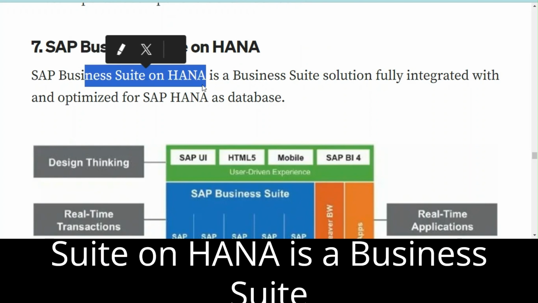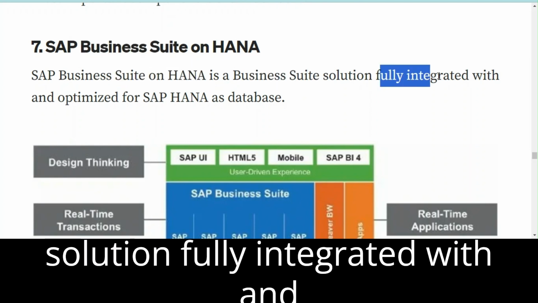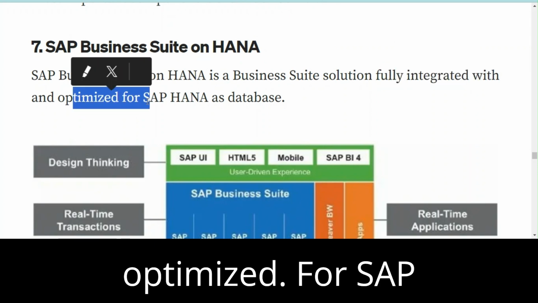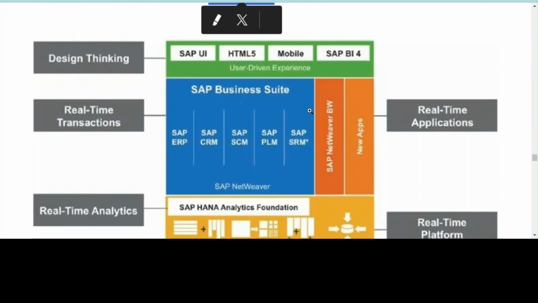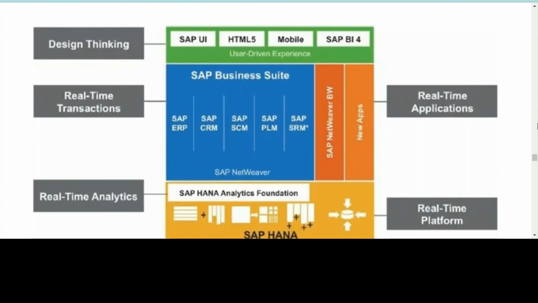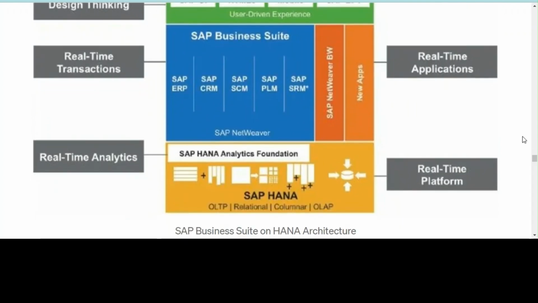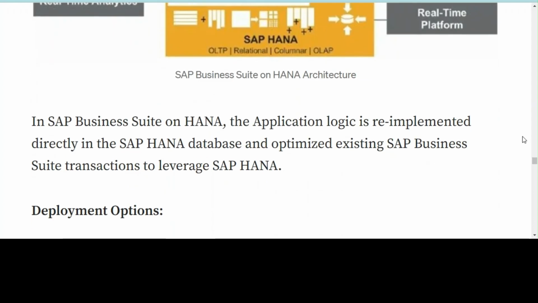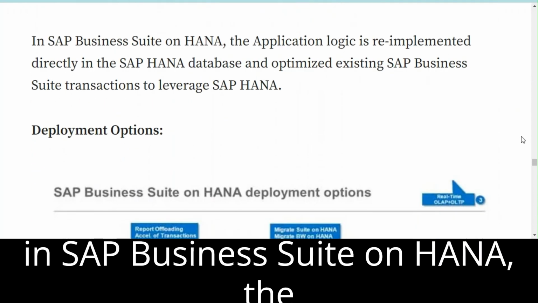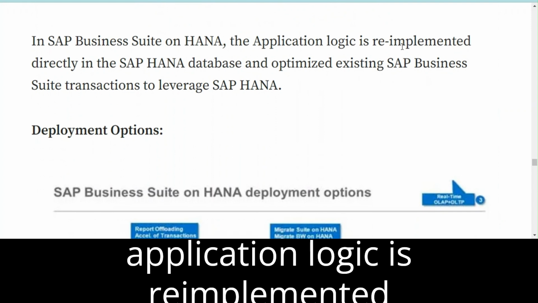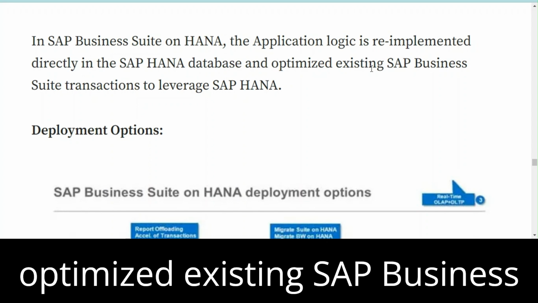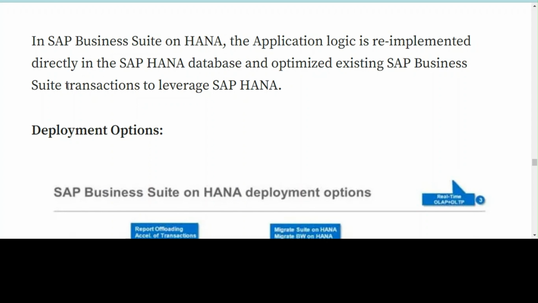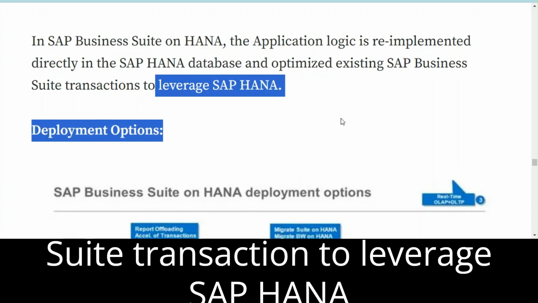SAP Business Suite on HANA is a business suite solution fully integrated with and optimized for SAP HANA as the database. In SAP Business Suite on HANA, the application logic is re-implemented directly in the SAP HANA database and optimized existing SAP Business Suite transactions to leverage SAP HANA.